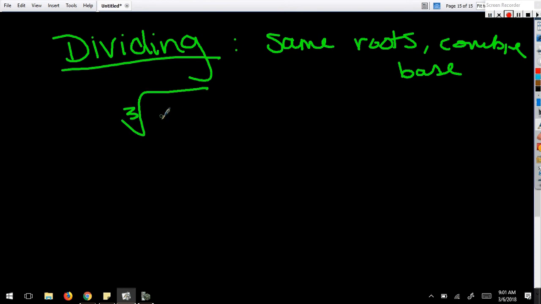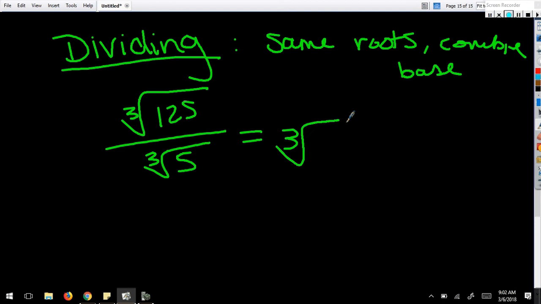So the third root of 125 divided by the third root of 5 would be what? 25. The third root of 25. I still combine it under that same radical.